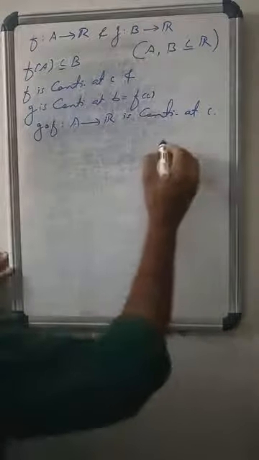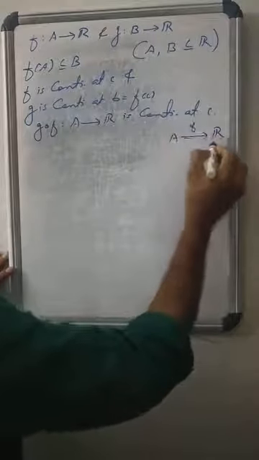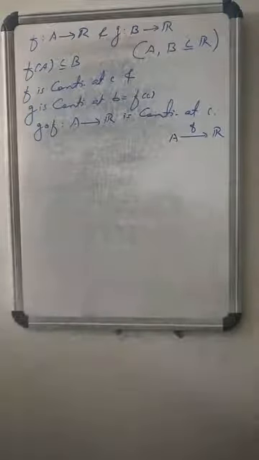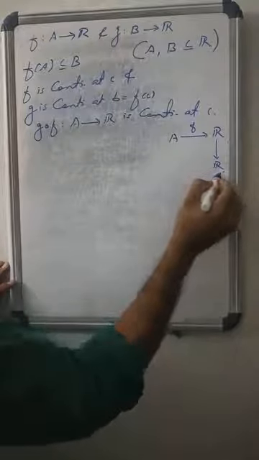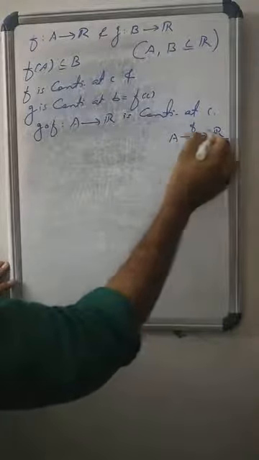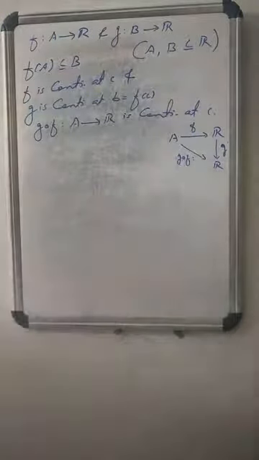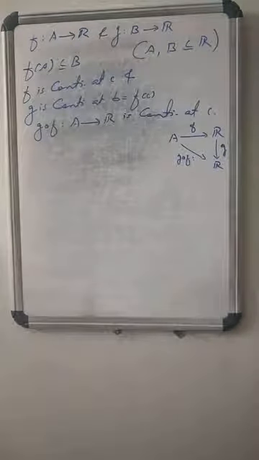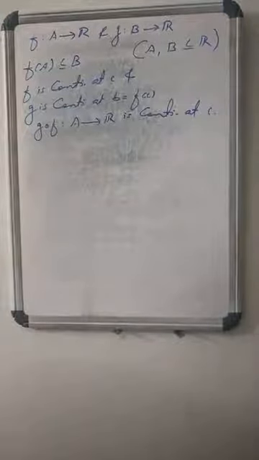What is the composition? It means f from A to R and g from B to R, where f(A) is a part of B. Therefore, this is the composition, g composition f, from A to R. So, to prove that the composition function g composition f is continuous at the point where f is continuous, here f is continuous at c, g is continuous at b, b means f(c).